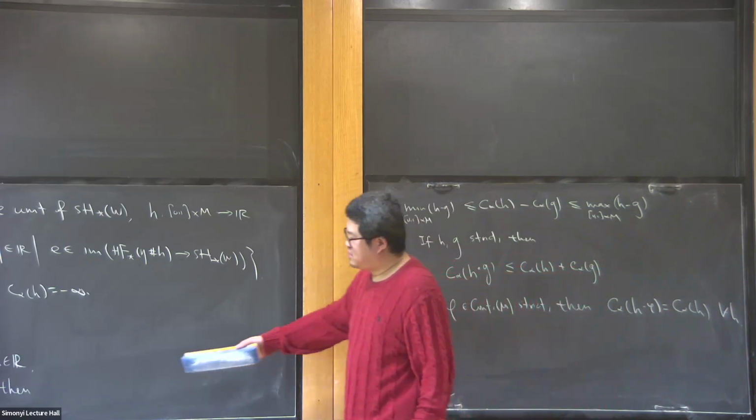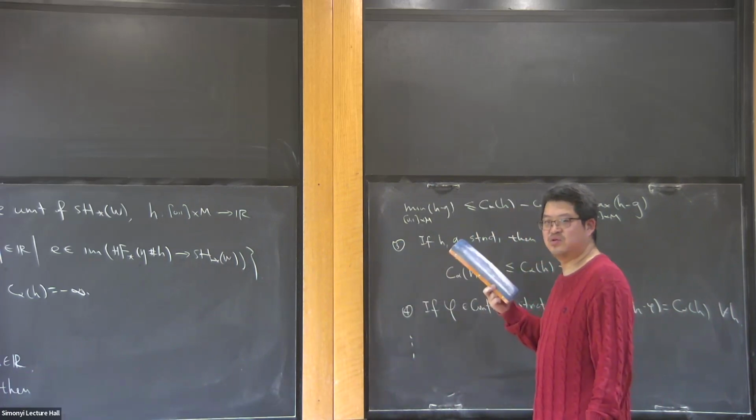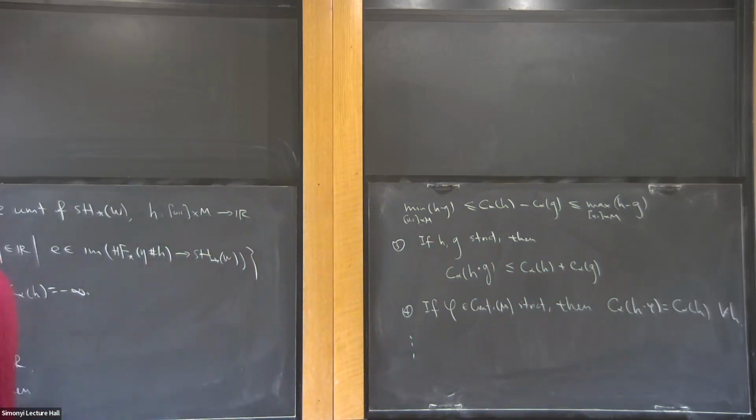Notice that I put a lot of strict here. It doesn't mean that we can only show things for strict ones. We can prove something much more general. Let me show you how general this can be.